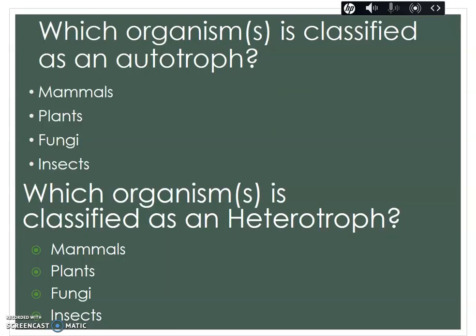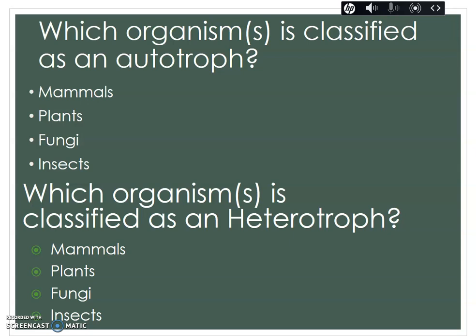Okay, so which organism would be classified as an autotroph? Think about these different things: mammals, which are like whales and humans, plants, fungi, or insects. Technically, plants would be considered an autotroph. Plants can sit out in the sun and get food.